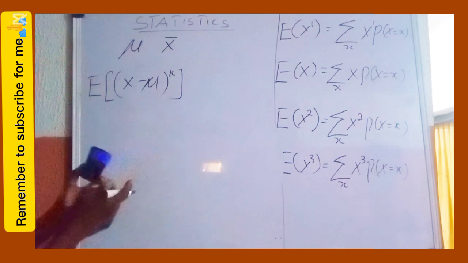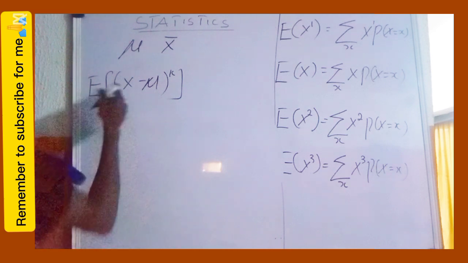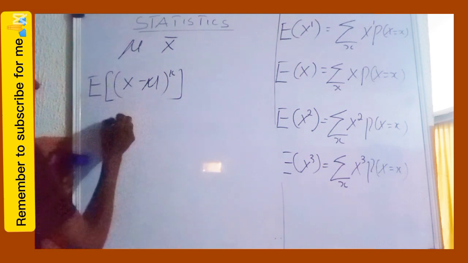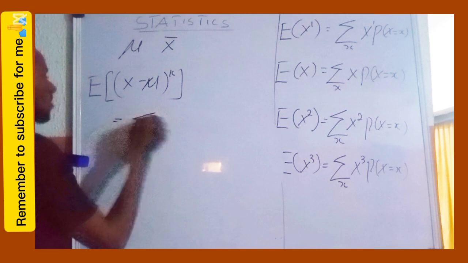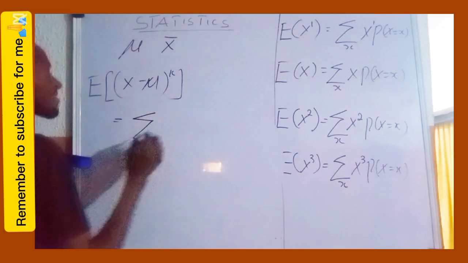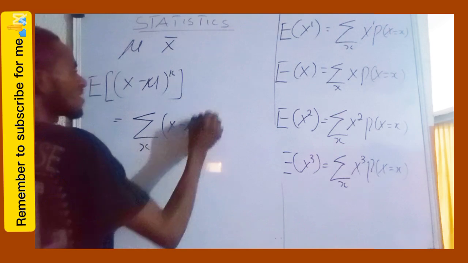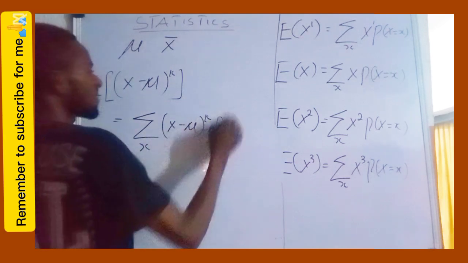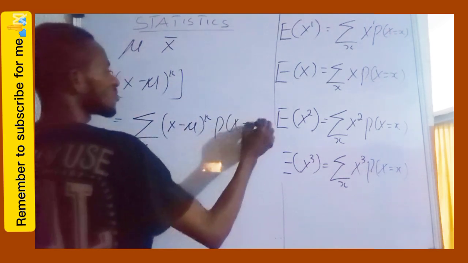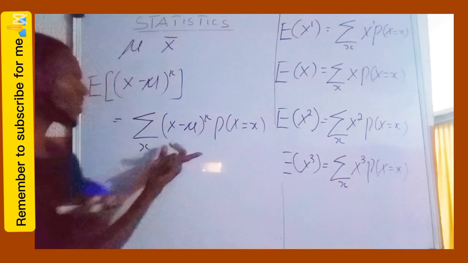How are we going to express this? Still the same way. When this x is discrete, it becomes the sum over the range of x, then we open a bracket, x minus mu, all raised to power k, then we have P of capital X is equal to small x. This is what we are going to have.